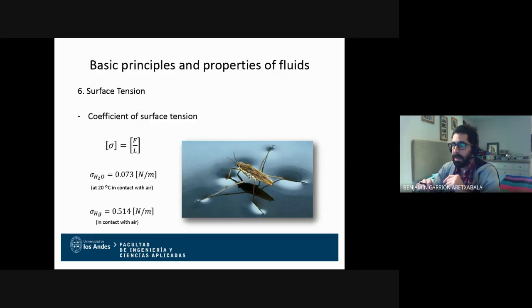Okay, and for instance, here in the water strider, it depends on the length of the legs touching the water, and the direction of the surface will tell you in which direction the force is going to be applied. So you see this bug, the water strider, needs to deform the surface for the surface tension to work. All right.